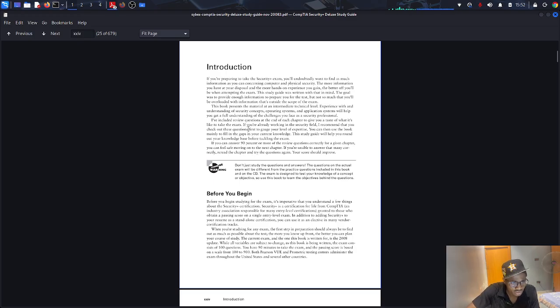This book presents the material at an intermediate technical level. Experience with and understanding of security concepts, operating systems, and application systems will help you get a full understanding of the challenges you face as a security professional.